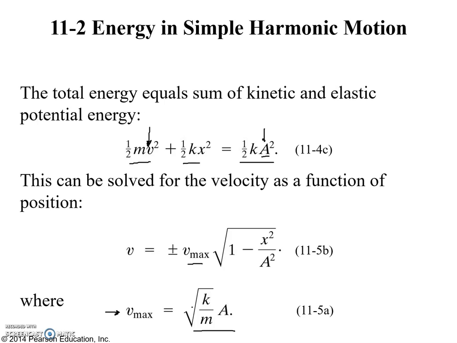So if we wanted to calculate the kinetic energy at some point in between the point where the spring is at rest or fully stretched out, we would first need to calculate the maximum velocity, plug it into here, then this would give us the velocity, which we could then plug into this equation, and we could calculate the energy at any other given point in time.